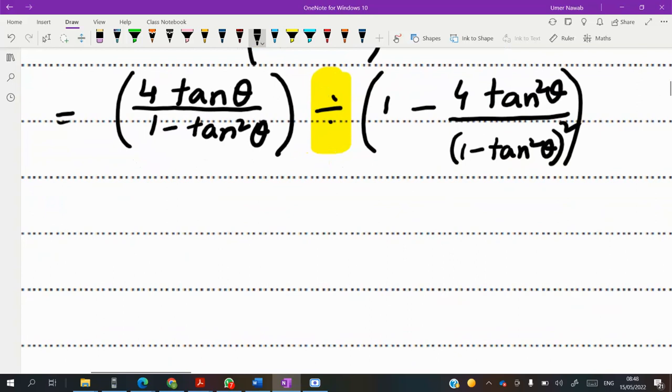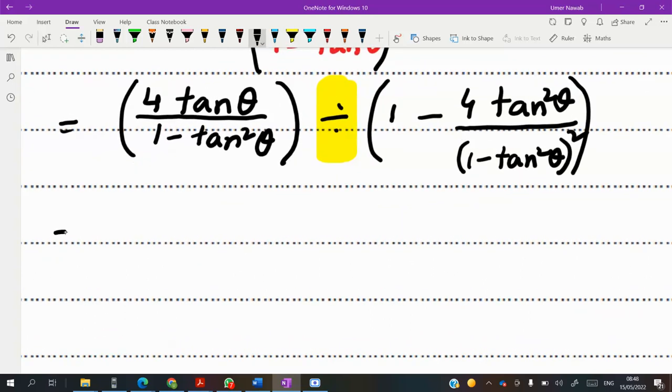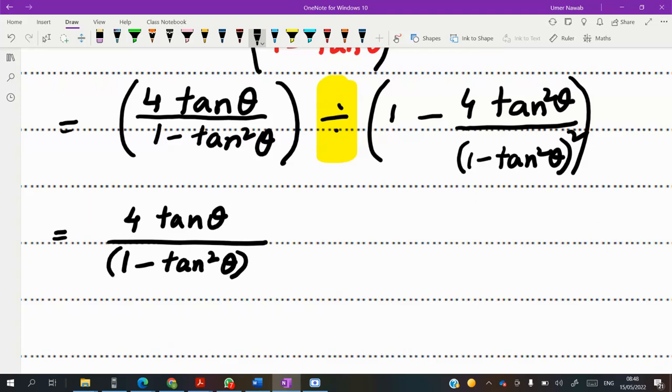Now, I'm going to copy again 4 tan theta over 1 minus tan squared theta. And division sign, can I multiply this bracket here?